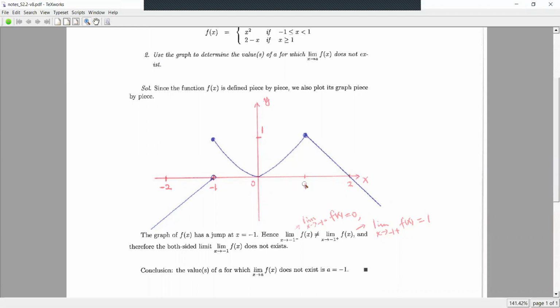So at +1, the both sided limit exists. For this function, only at -1 does the both sided limit not exist. So the conclusion is the value of a for which the both sided limit doesn't exist is a equals -1.